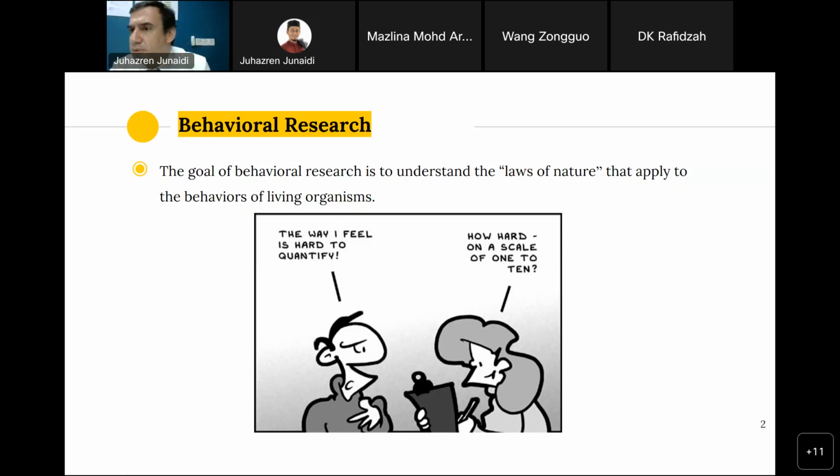We can use psychometric measures for measuring their psychological behaviors. Here's a cartoon for that. The way I feel is hard to quantify. And we are trying to measure that. How hard on a scale of 1 to 10? So we are measuring how hard that feeling is.